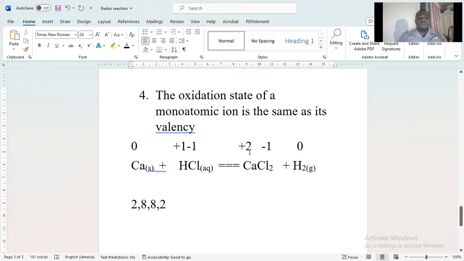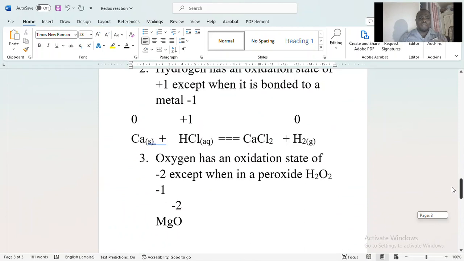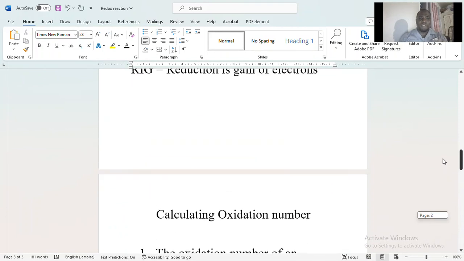Now, the only way calcium can move from a 0 to a +2 is if the calcium atom is losing electrons. And we say to ourselves, what is losing an electron? What's that concept called? We go back to this thing that we discussed earlier on.